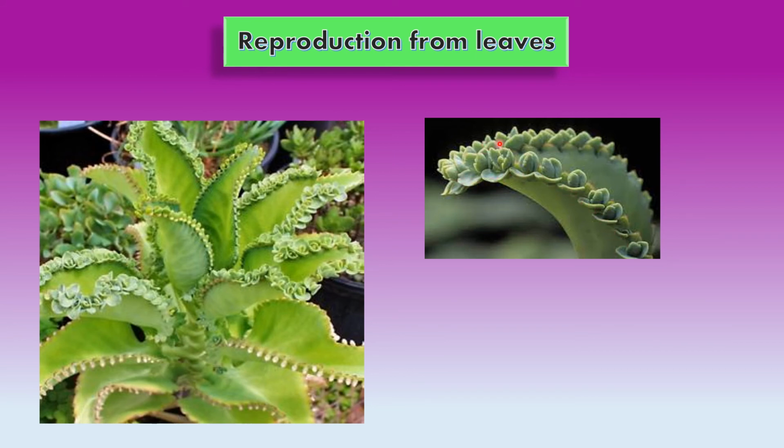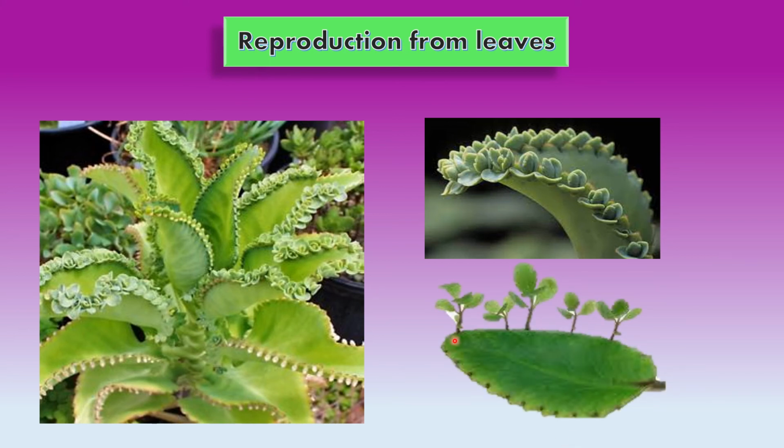You see, children, the edges of these leaves. What are these? These are baby plants which will grow into another plant. Now see, children, here. Once these plantlets, means these small baby plants, grow like this, what will happen to them?